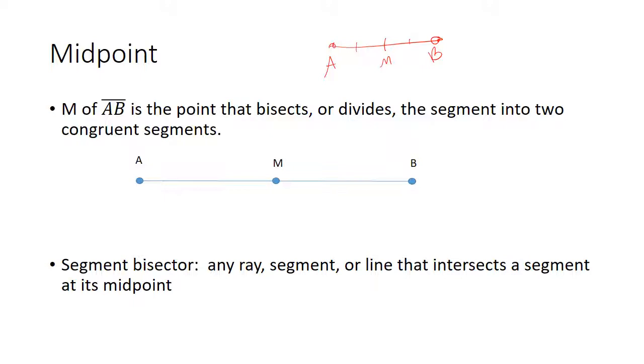Then a segment bisector is going to be any ray, segment, or line that intersects the segment at its midpoint. So it could be a point, but a segment bisector, we'll use those occasionally. So the segment bisector might be a line that cuts through right there, and so that you have 2 congruent sides.